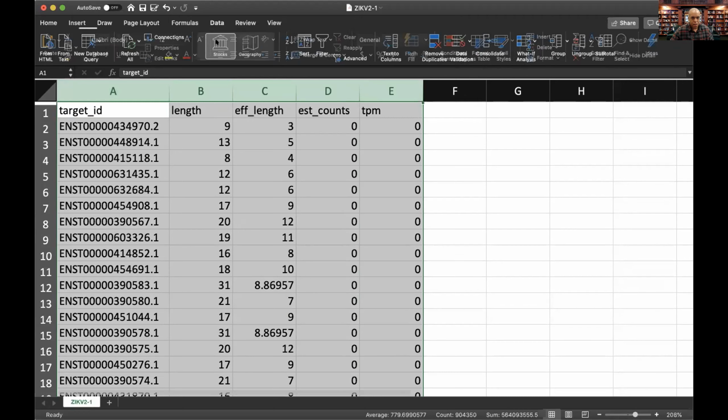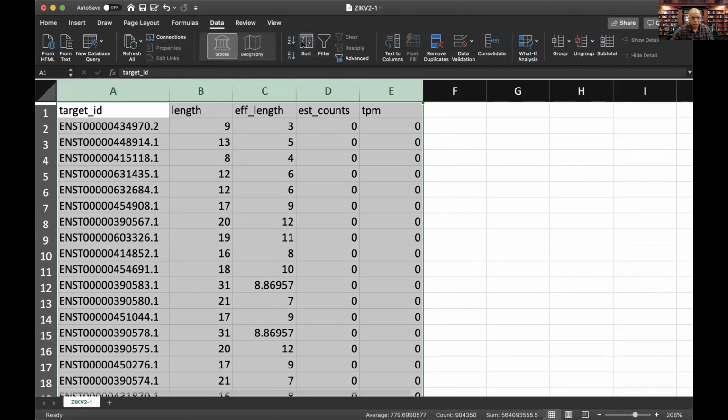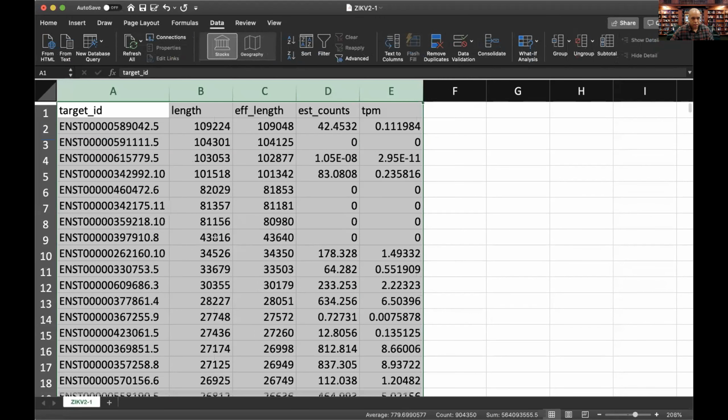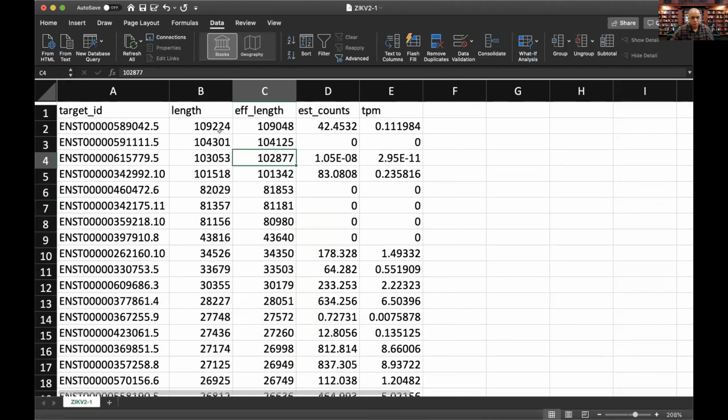If we go to data and sort, we could sort by length. Maybe we want to sort by length, and let's go from the largest to the smallest. Okay, so here is a gene, and obviously it's quite long, and there were 42 reads that map there.